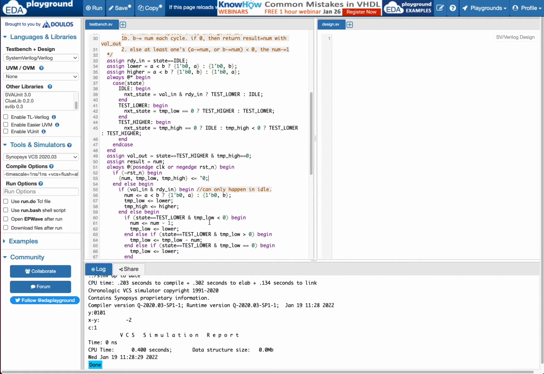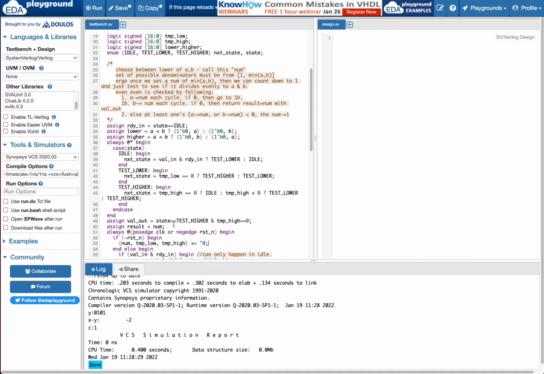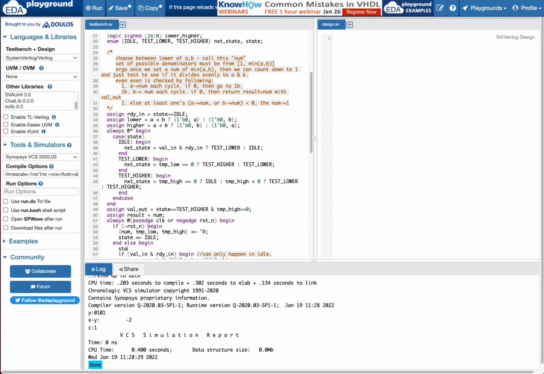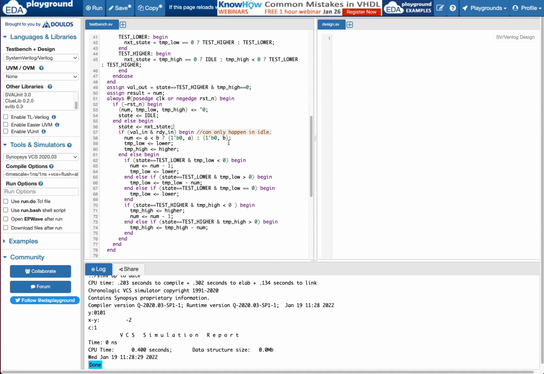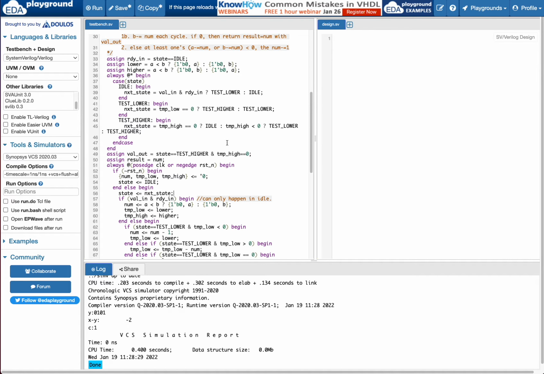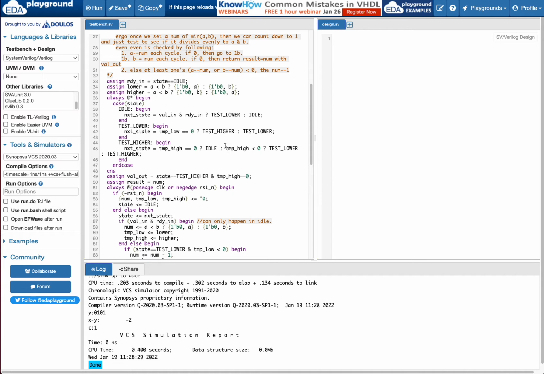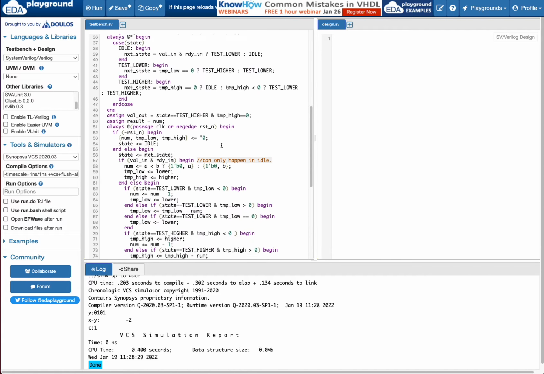Idle. Oh, I need to do the state transfer also. I believe this to be somewhat correct.